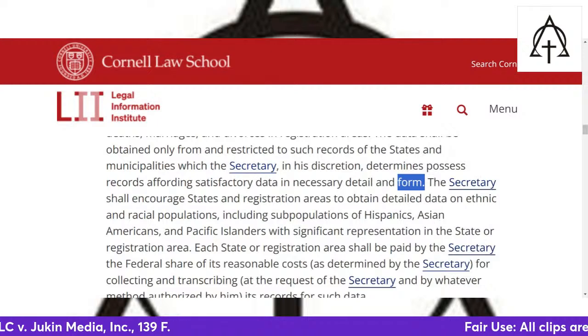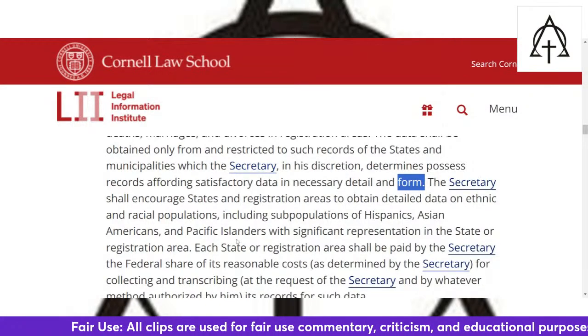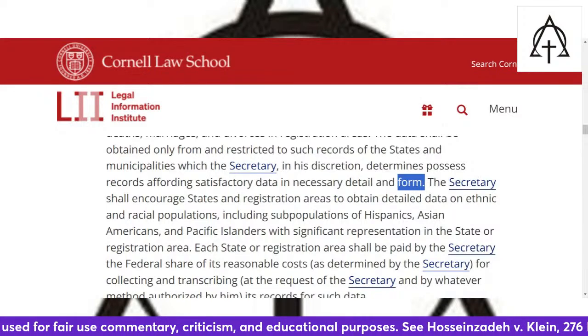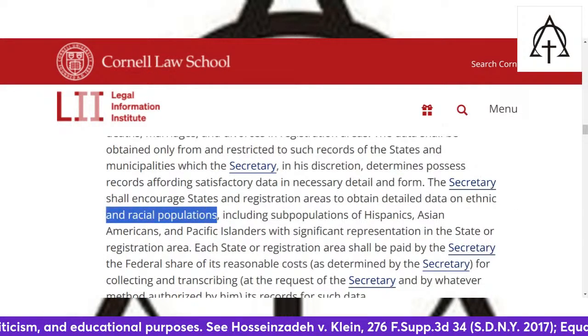No person shall reside within that zone except federal, state, or municipal officers or agents whose resident presence is deemed necessary by the board. The Secretary shall encourage states and registration areas to obtain detailed data on ethnic and racial populations.